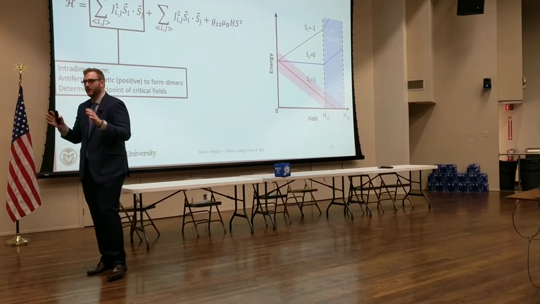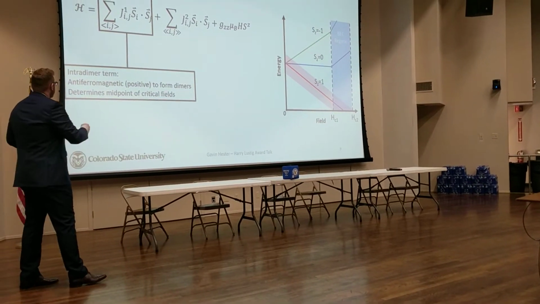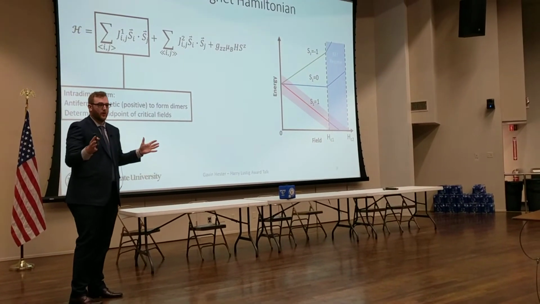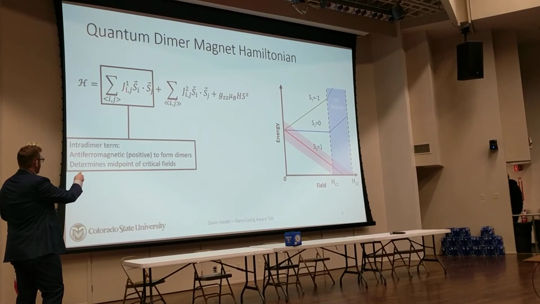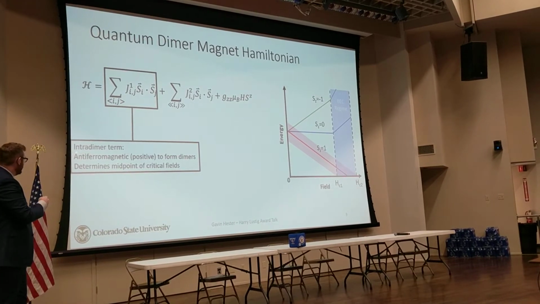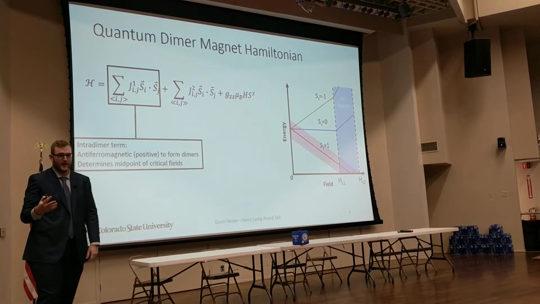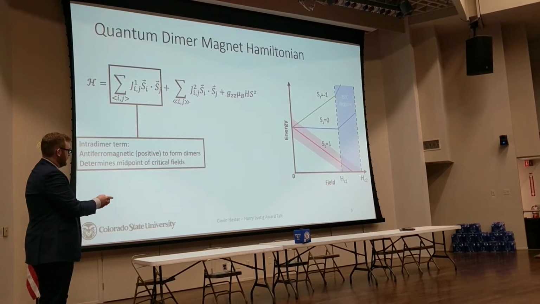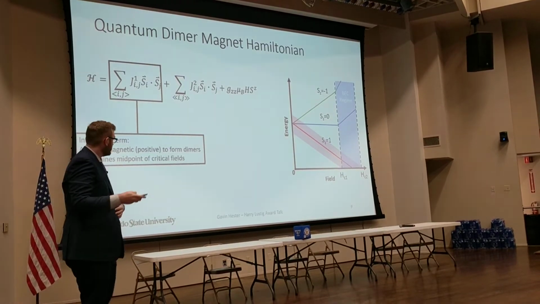Now, I don't like to show a ton of equations, but I will show you a Hamiltonian because I think it's useful. There are three main terms to a simple quantum diamond-magnet Hamiltonian. This first term is an exchange interaction J1 between two spins that are nearest neighbors. It's called the intradimer term, and it's antiferromagnetic in order to form these dimers. It determines this red line, and therefore generally the midpoint of the critical fields.